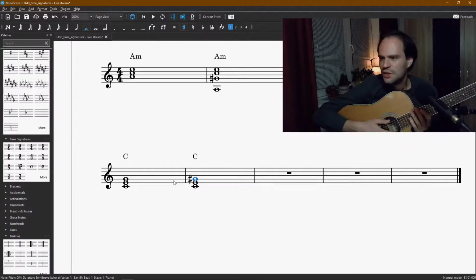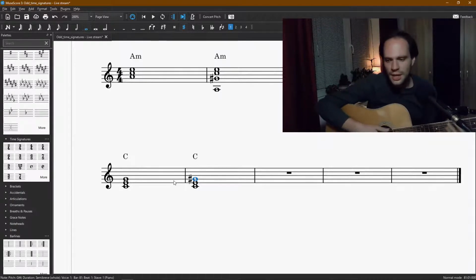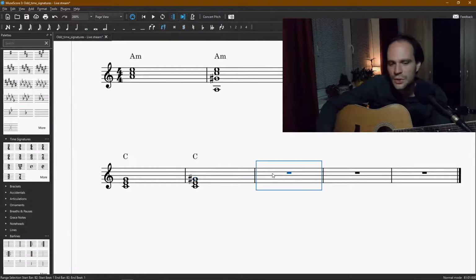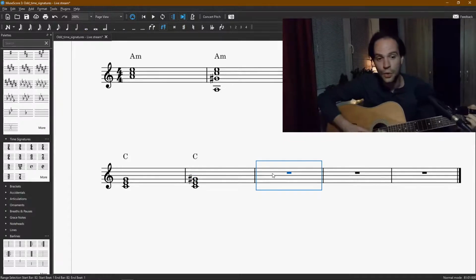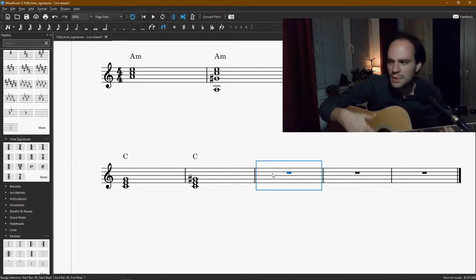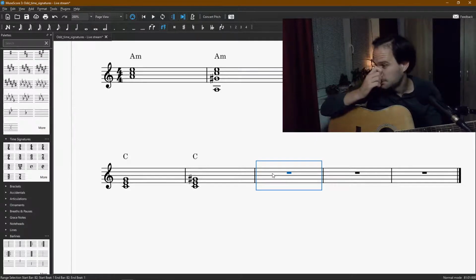So what is non-diatonic? Well, non-diatonic is when it is outside of the key. For example, in C major, you have all your regular chords of C, D minor, E minor, F major, G major, A minor, etc. So everything is within the key. And when it is non-diatonic, that means that you need to adjust notes that are not part of the key.